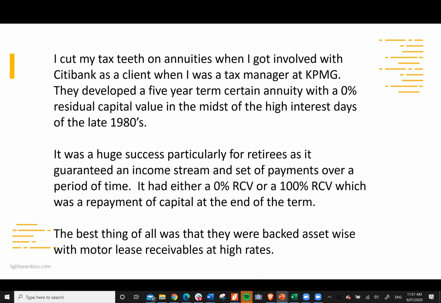And it's very smart because obviously if you've got a lot of motor leases, in fact, they had, at one stage, because they were growing so quickly, 98% of all motor vehicle leases in Australia in 1990 were through Citicorp Life.